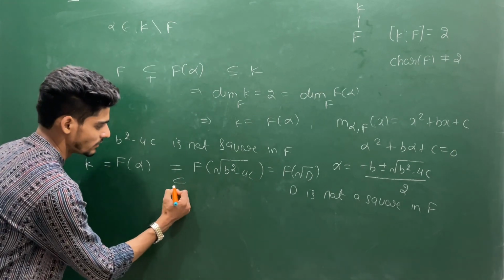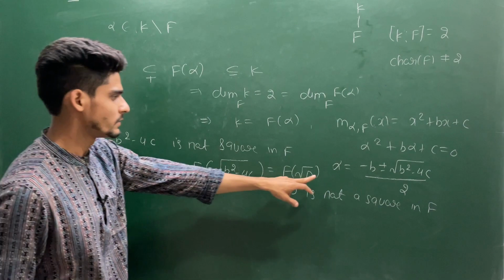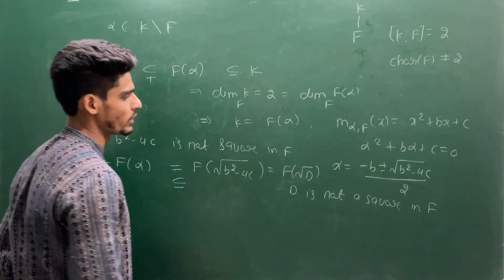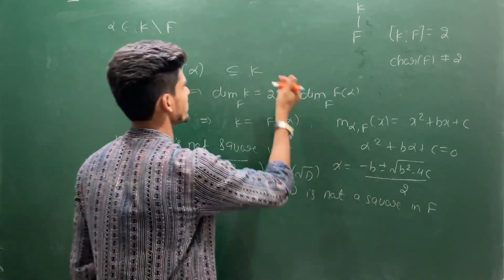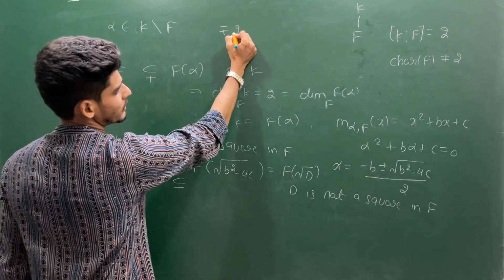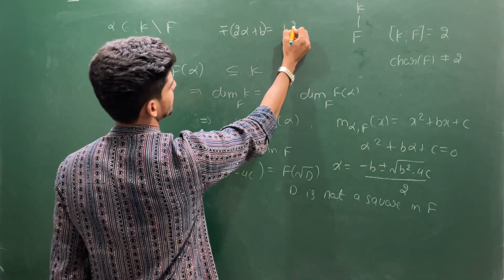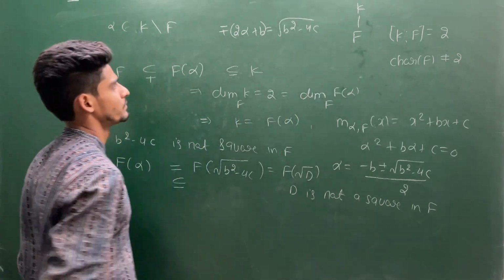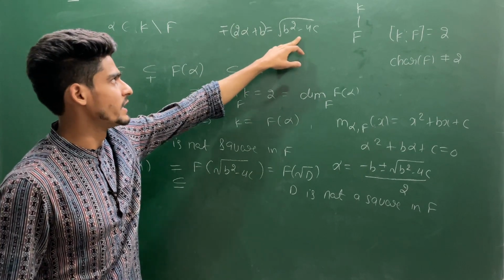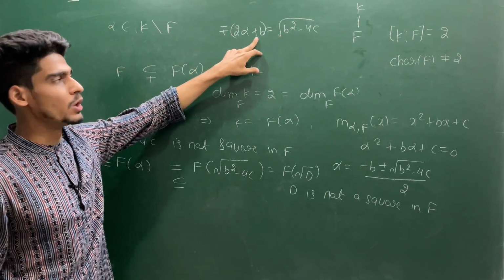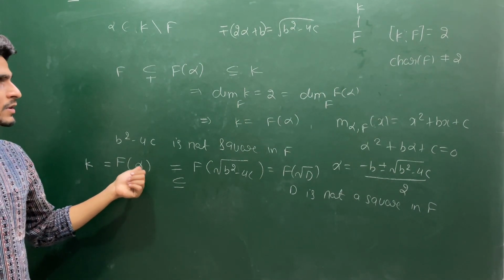So this inclusion is straightforward, but the other one is also straightforward, because this square root of b square minus 4c you can write as plus minus, or minus plus, 2 alpha plus b, which is equal to square root of b square minus 4c. See, this can be written as plus minus times 2 alpha plus b. b is already available here, alpha you have inserted, so its combination will be there.